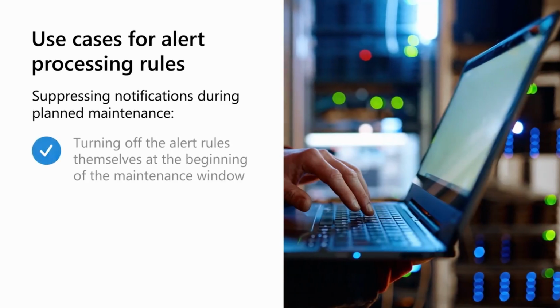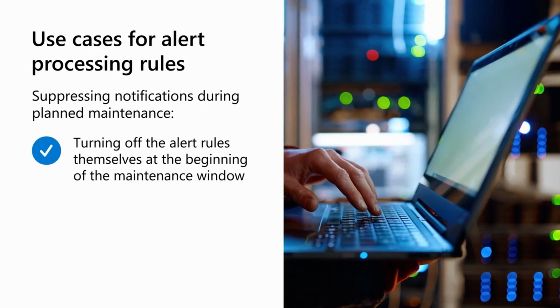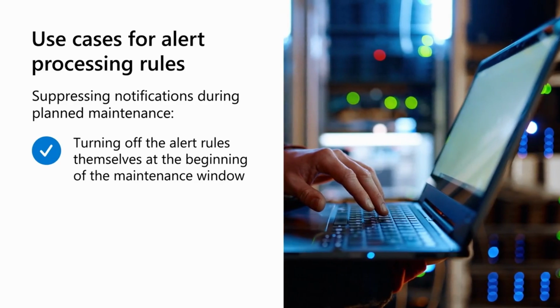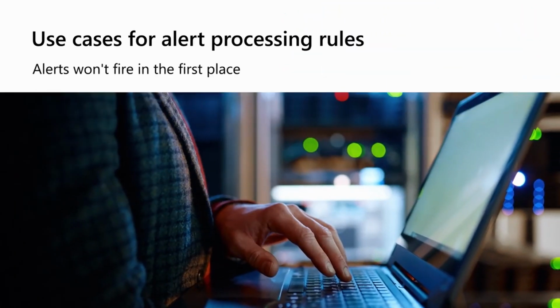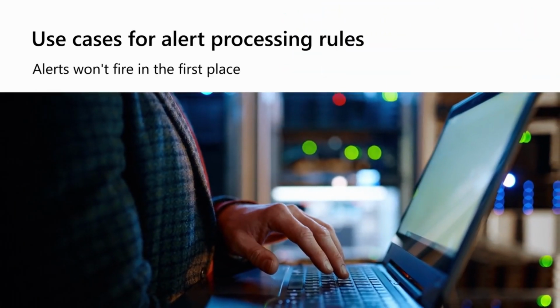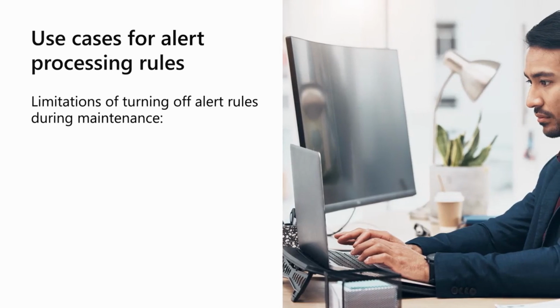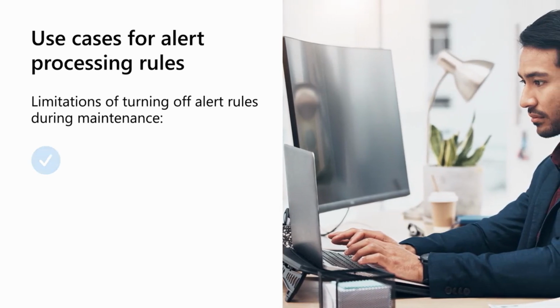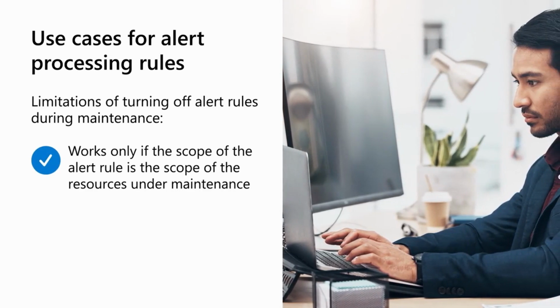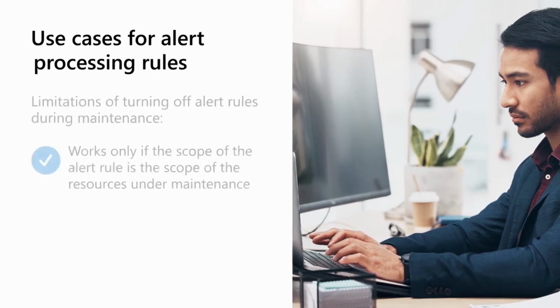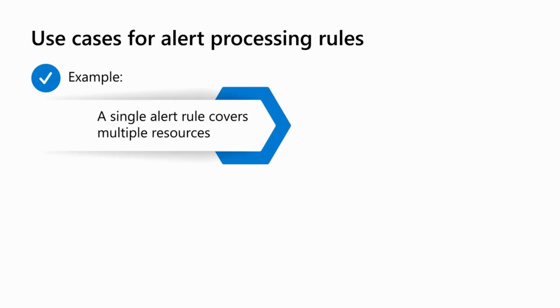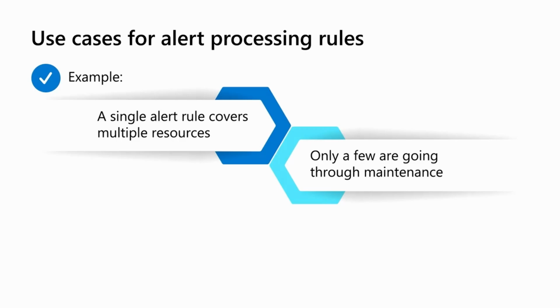You could suppress alert notifications by turning off the alert rules themselves at the beginning of the maintenance window and re-enabling them after maintenance. In that case, the alerts won't fire in the first place. That approach has several limitations. This approach is only practical if the scope of the alert rule is precisely the scope of the resources under maintenance. For example, a single alert rule might cover multiple resources, but only a few are going through maintenance.